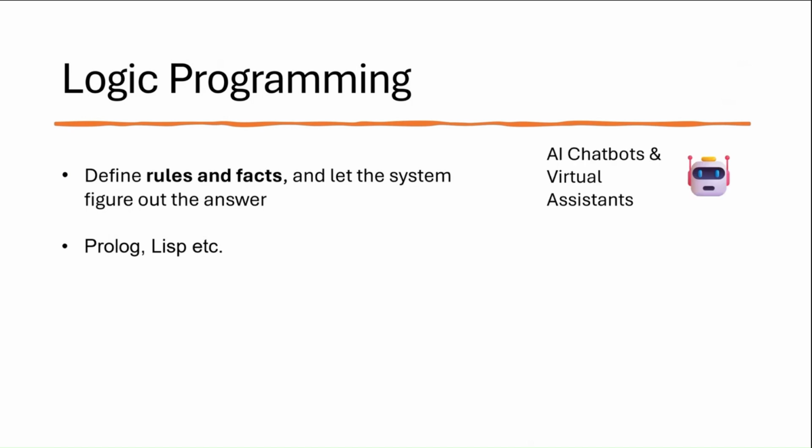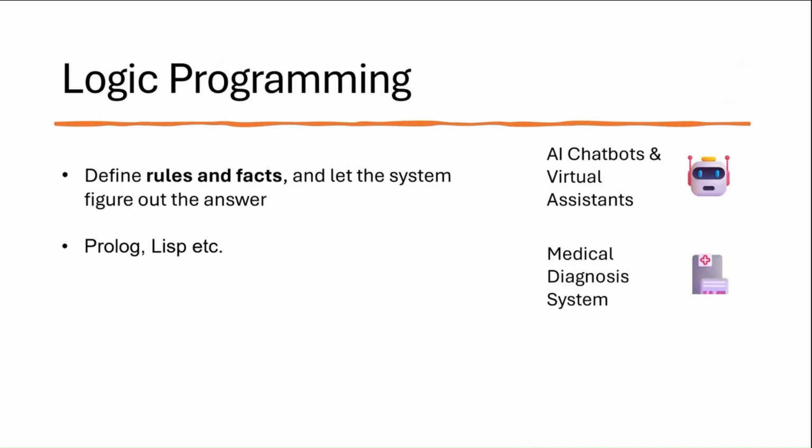For example, let's say you are using ChatGPT, right? When you interact with ChatGPT or any chatbots, they will have some rules or facts defined, based on some data, and rules defined in the backend, so that whatever query you are typing, based on those rules and facts, the results will be shown to you, right?